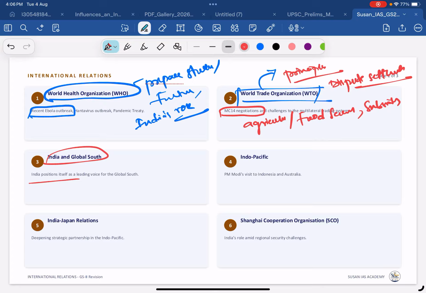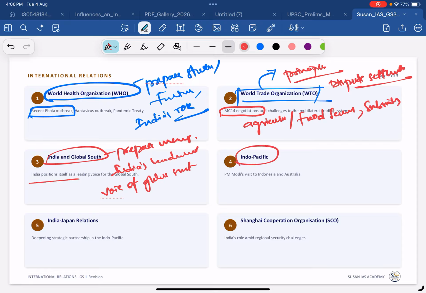Prepare its meaning, India's leadership, voice of global south, development finance, climate justice, and multilateral reforms. Recent multilateral reforms can be prepared with respect to India and the global south, right?